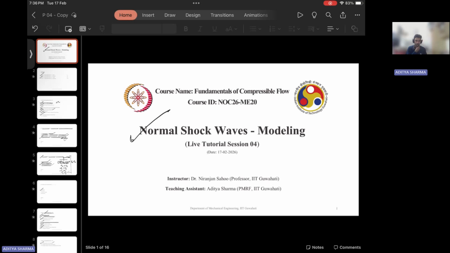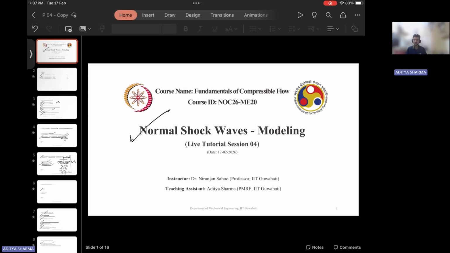Then there are a few questions on that. After that, we saw lecture number 11, in which majorly the properties change across a normal shock wave was taken care of. So we saw across a normal shock how the Mach number decreases. Okay. Then your static pressure, static temperature, static density increases.